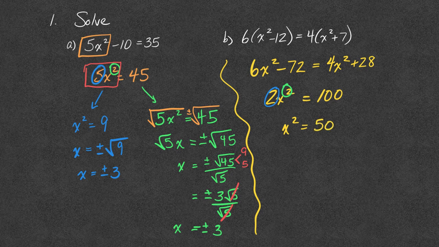And now how do I get rid of a squared? I take a square root. When I take a square root, I get 2 answers. We are not going to stop at root 50 because we can see that 50 would be a 25 times a 2. And so we can take the square root of 25, but not the square root of 2. And there we go.